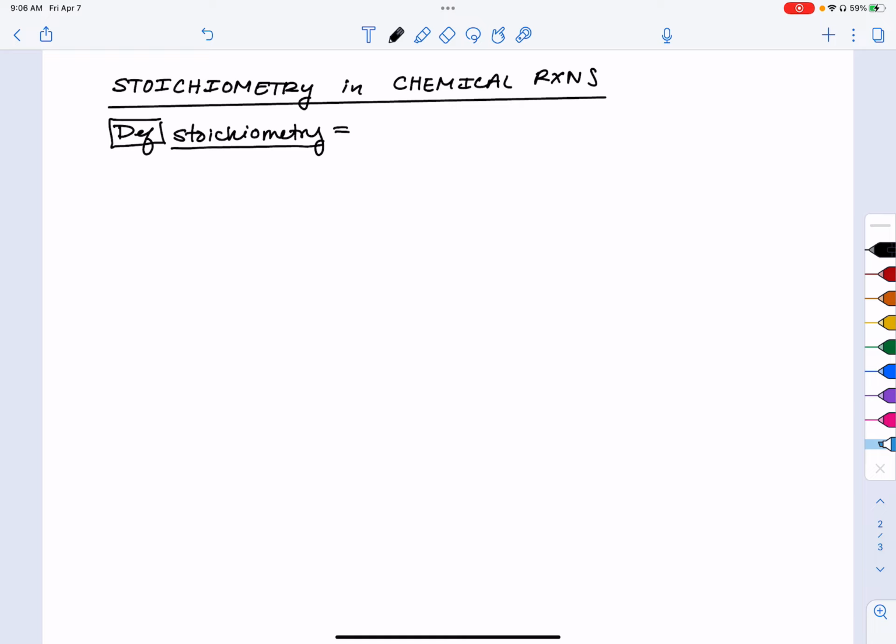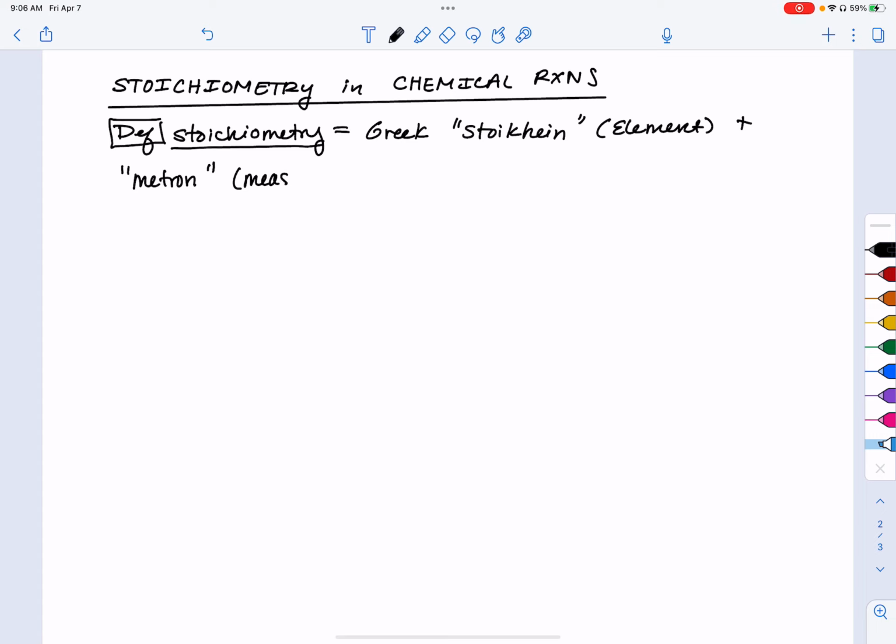So this comes from Greek stoichion, which means element, and then we have metron, which means measuring.